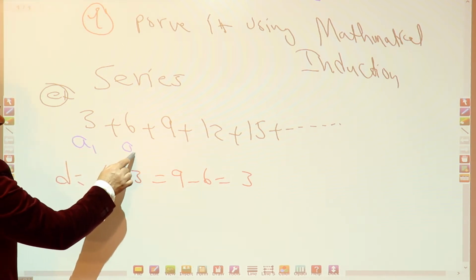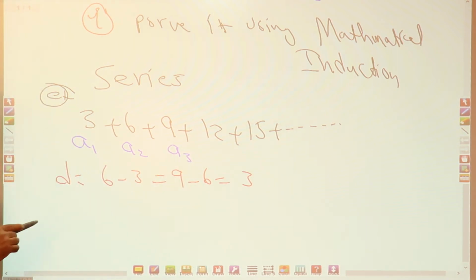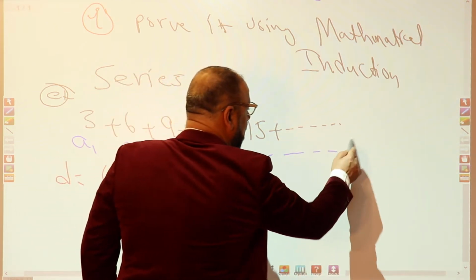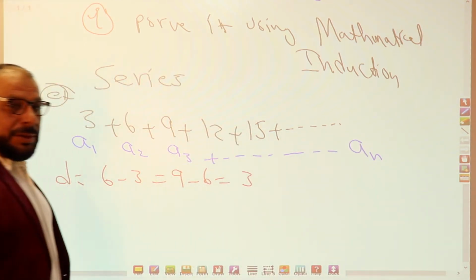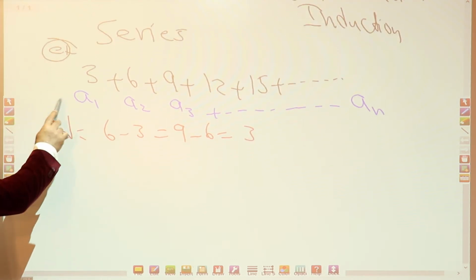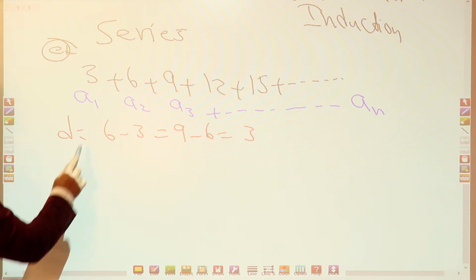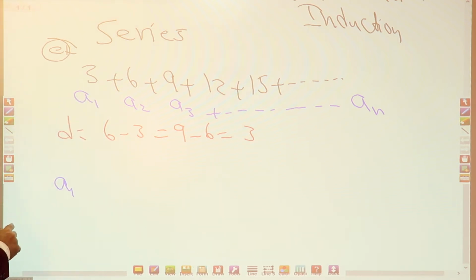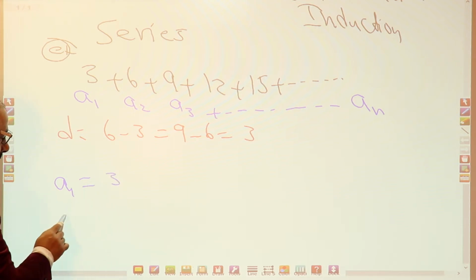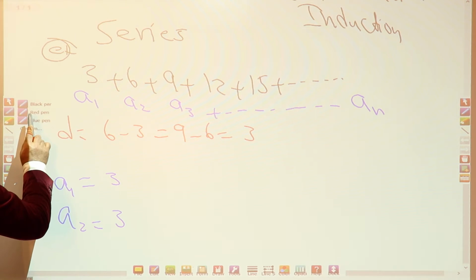Now the first term, we call it A1. This term is A2, and 9 is A3. The first term is A1, A2, then you keep going until you reach AN. Look how I will write this. A1 equals 3. A2 equals 3 plus the common difference.